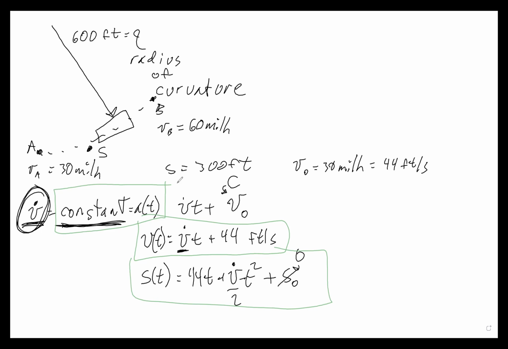Well, we do know that we want to be at a certain location, but now we need to know when. When do we get to that location? Because basically the unknown in all of these is t. All right, well, one of the unknowns is, so let's find out when we are located at 300 feet. So that means we need to set the position function at 300, and then we need to solve for t.